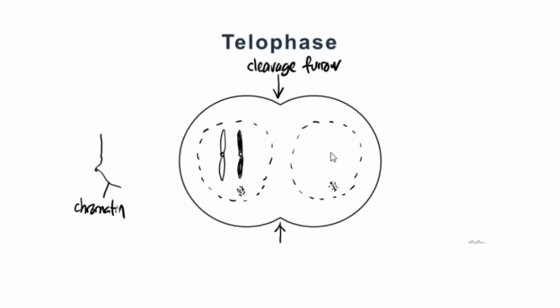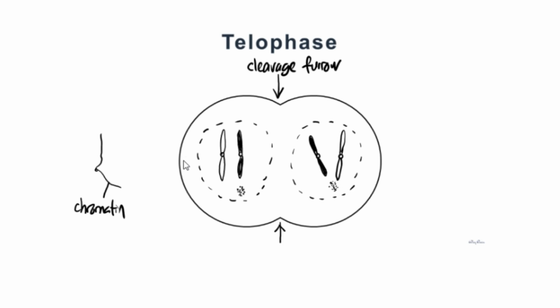So the same goes for the other daughter nucleus. They also have their chromosome, which has been pulled to the opposite pole of the cell and surrounded by the nucleus.